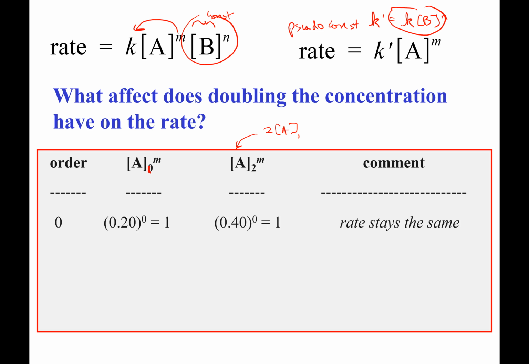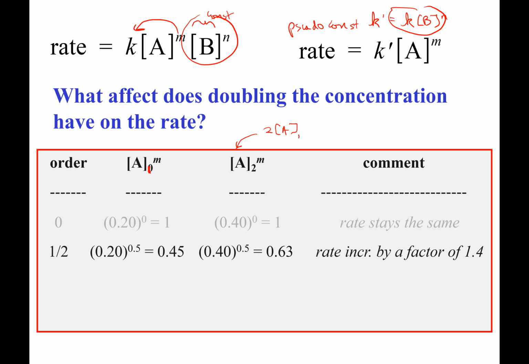Well, let's think through this again. What if we change it up, a different reaction, and now your reaction order is 1/2? Let's see what that would do. We take 0.2 raised to the half power, because the reaction order is 1/2, and we get 0.45. We take 0.40, our second trial, raise it to its reaction order, 0.5, and we get 0.63. Now, not even knowing what K is, the relative rates would be this.